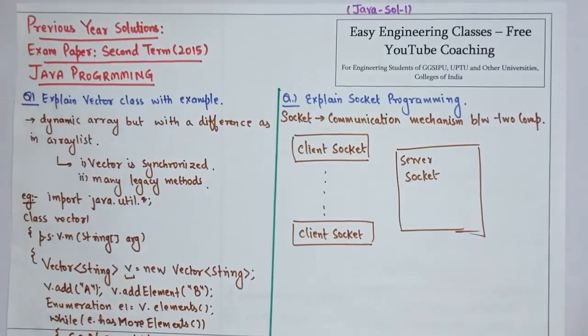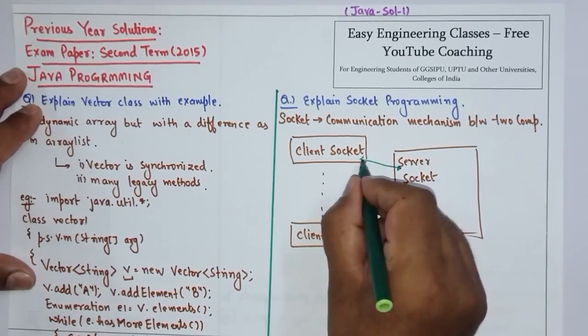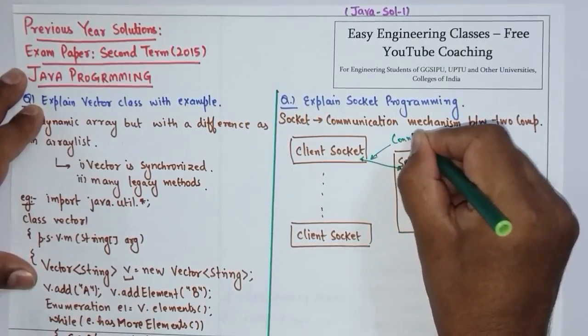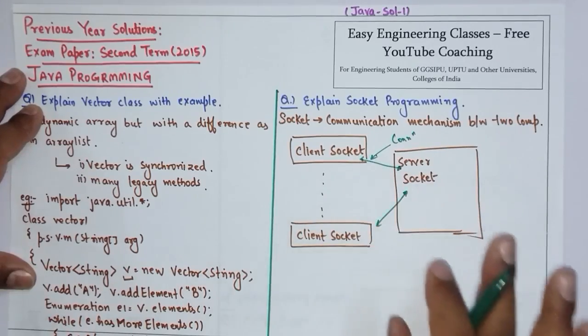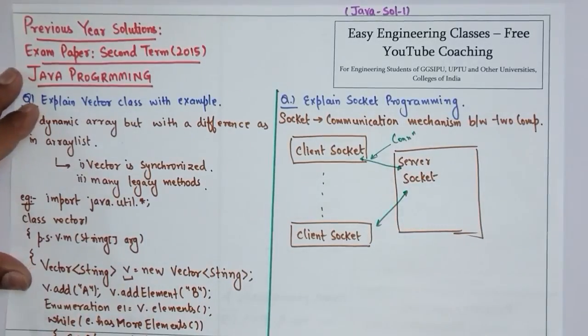So what happens is that client sockets establish a connection with the server socket, and server socket responds back. So this communication is two ways, from client to server and from server to client.